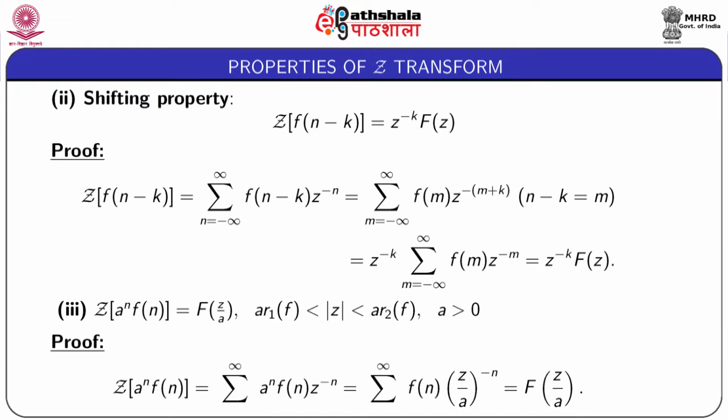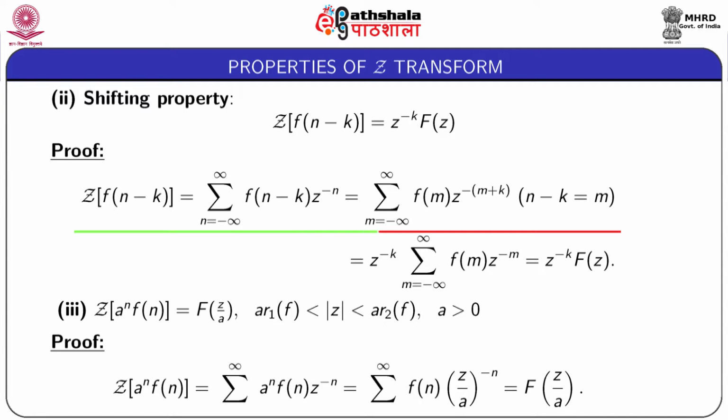Next is shifting property, that is Z transform of the function fn minus k is equal to z to the power minus k capital Fz, where capital Fz is the Z transform of fn. For proof, we start with Z transform of fn minus k, and by definition this is equal to summation n equal to minus infinity to plus infinity f n minus k into z to the power minus n.